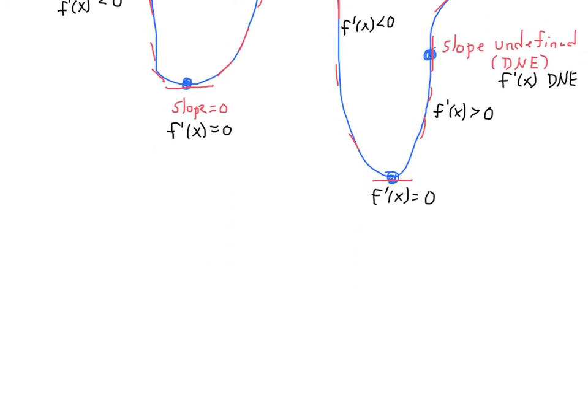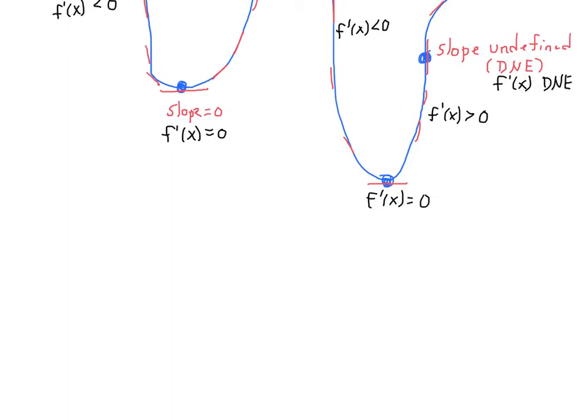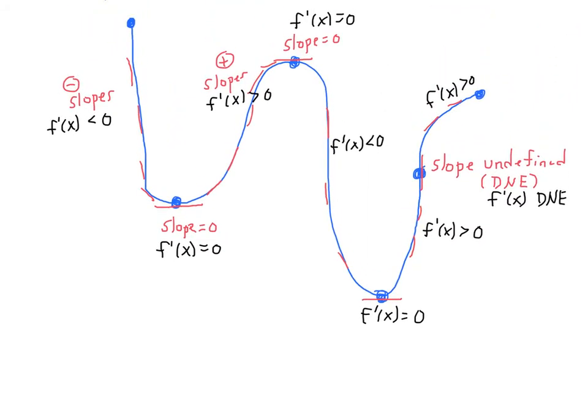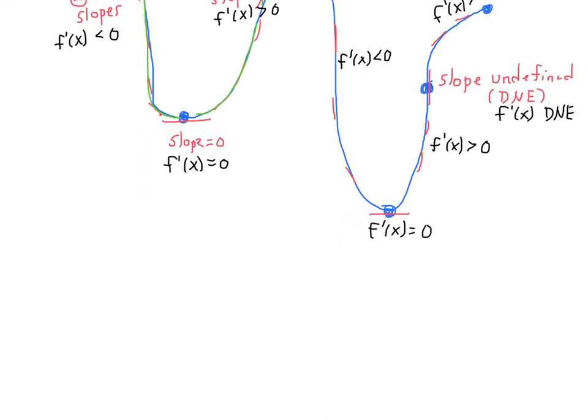Let's talk about some definitions. Let's talk first about a function increasing or decreasing. Notice that if we were to look back at our graph, in this region where we have negative tangent line slopes or a negative derivative, notice that the function is decreasing. And notice over here where we have a positive derivative, the function was increasing. So let's jot down this result.